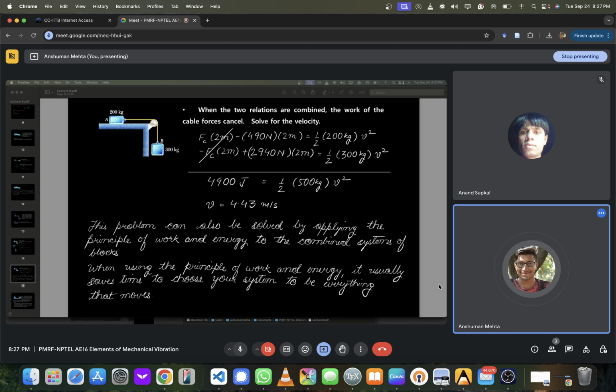Now everything will be in V. And upon solving, V comes out to be 4.43 meter per second.